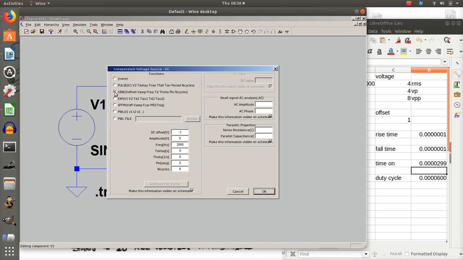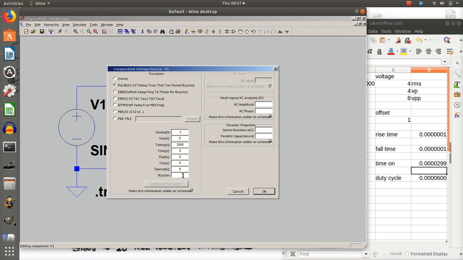Basically what's happening when you do a square wave or a triangle wave, you have to use pulse. And when you use the pulse, it changes what is down here. You have your initial voltage, your value of your voltage when it's on, your time delay, your rise time, your fall time, your time off, and your time on, and your total period time.